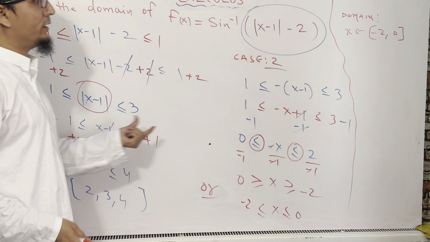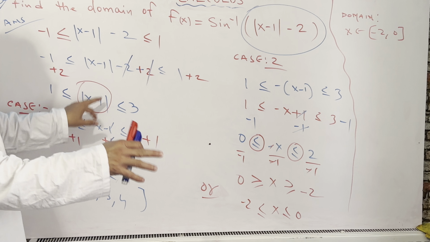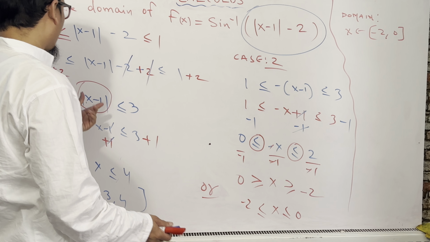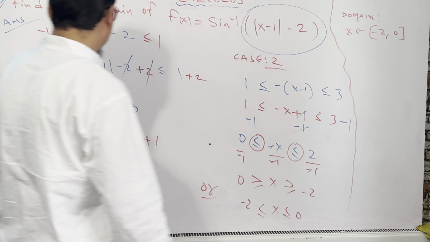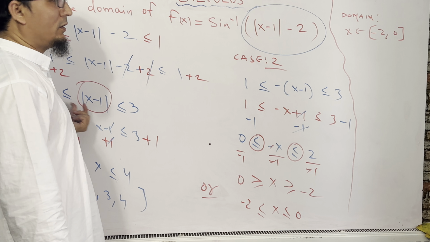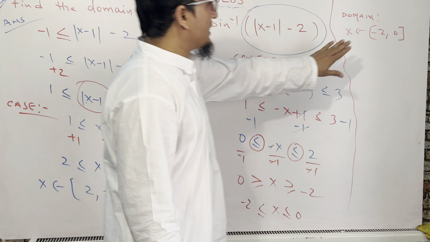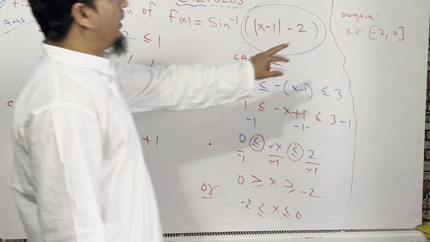This is also satisfied. And if you say minus 1, so minus 1 minus 1 is minus 2, mod of minus 2 is 2. So 2 also lies from 1 to 3. And if you put 0, 0 minus 1 is minus 1, mod of minus 1 is 1. And 1 is from 1 to 3, right? So you can say this one and this one. So 2, 3, 4 and from minus 2 to 0.